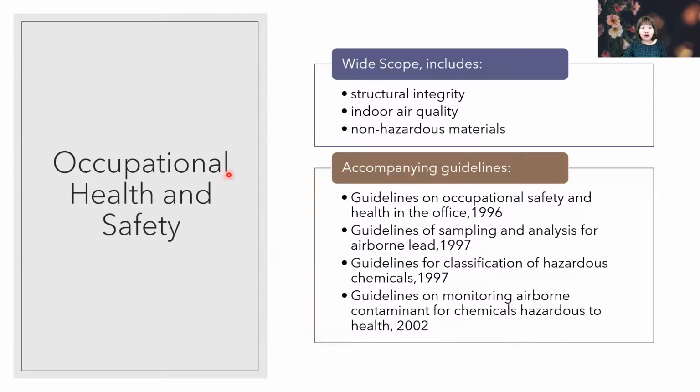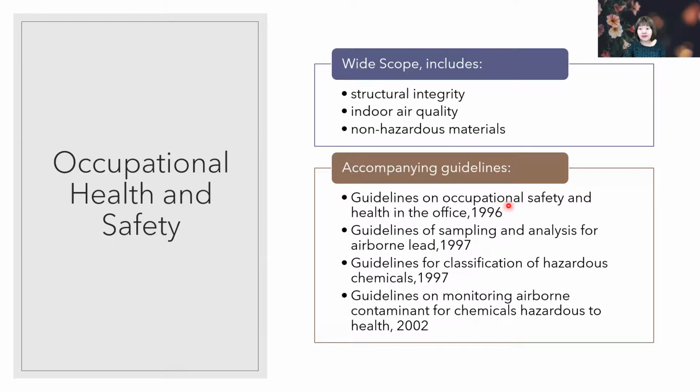For OSHA, Occupational Health and Safety, it is a wide scope that includes the structural integrity, indoor air quality, non-hazardous materials. Bahan yang kita guna, cat yang kita guna, all of this, we have to make sure that it won't create any health issue. Dengan guideline apa yang kita guna?